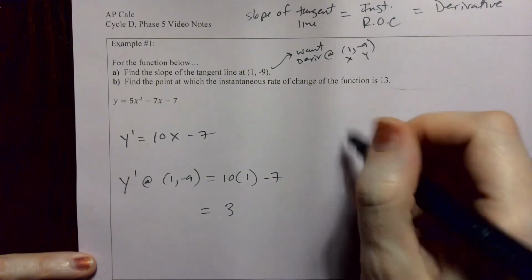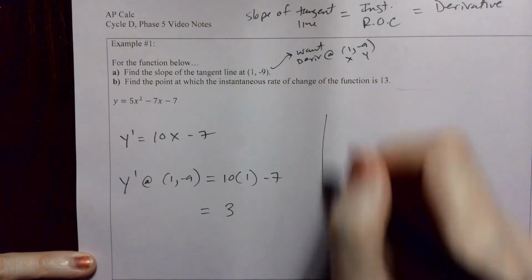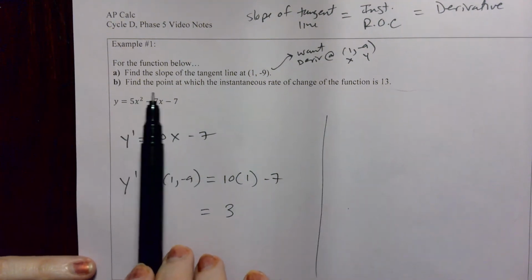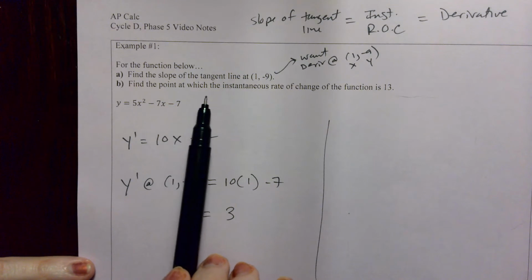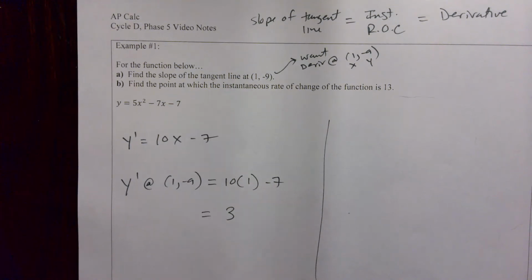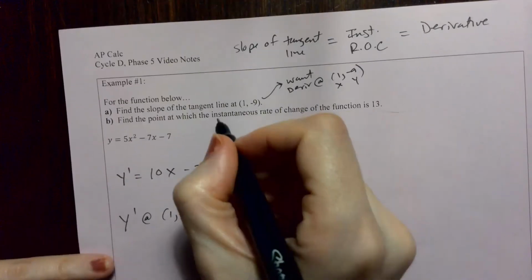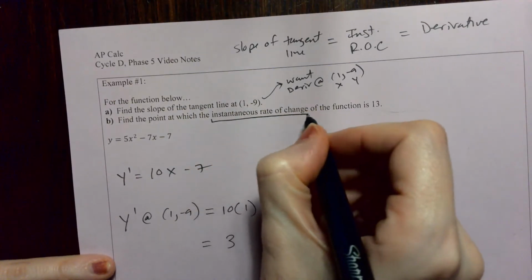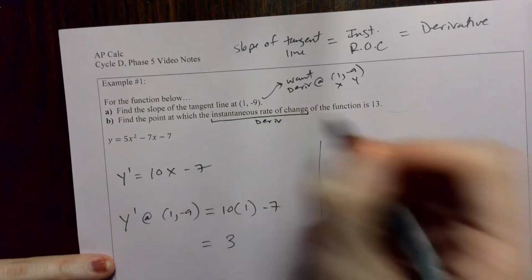Okay, so now for B, they want us to find the point at which the instantaneous rate of change of the function is 13. Well, what is the instantaneous rate of change? That's the derivative.